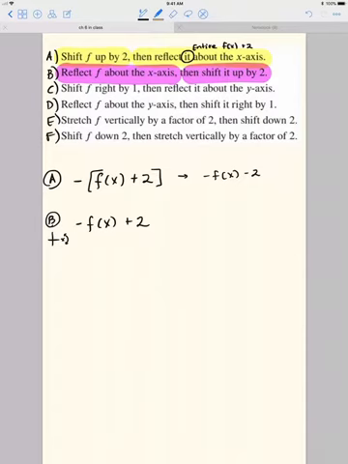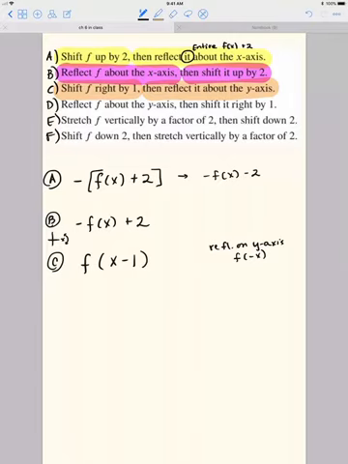Right? For part C, it has us first shift the function right by 1. So anytime you go left or right, it's a change on the inside. So if we're going to go right 1, it'll be x minus 1 on the inside. And then if we reflect that function about the y-axis, if you recall, reflection on the y-axis actually puts a negative on the inside, but we need to put a negative on the fact that we shifted it right by 1.